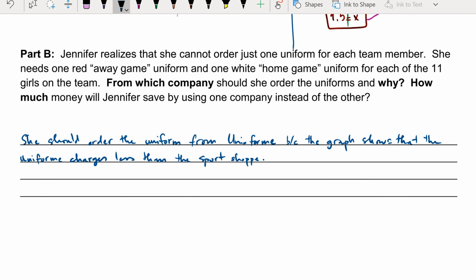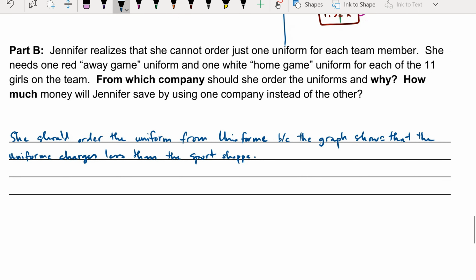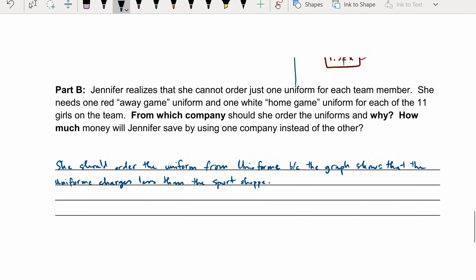To know how much she saves, we have to plug it in.